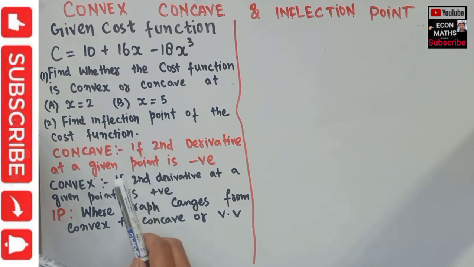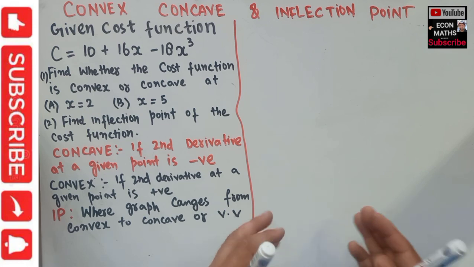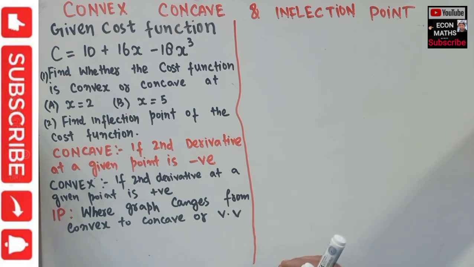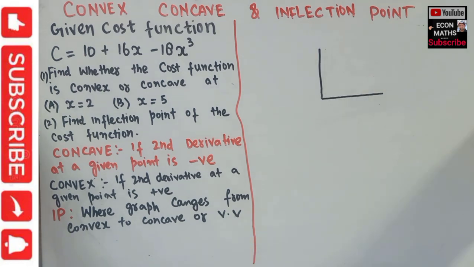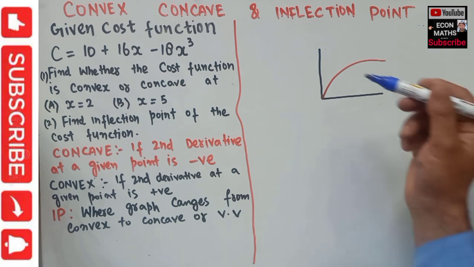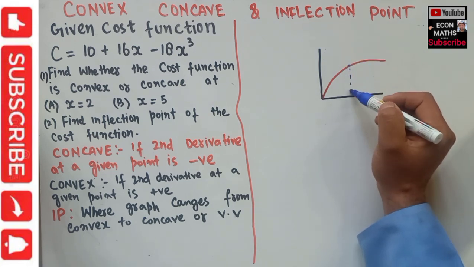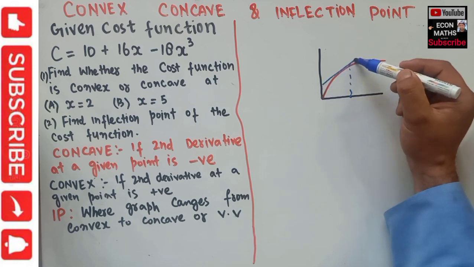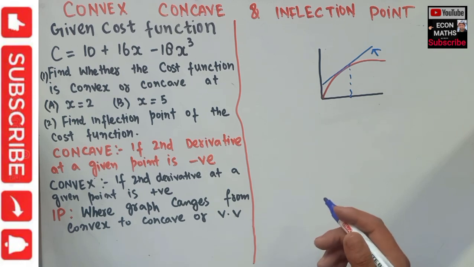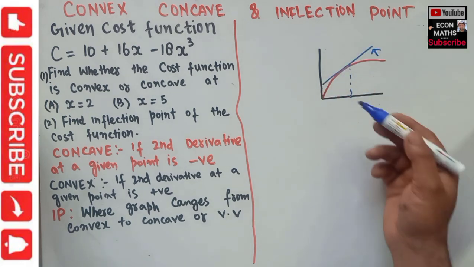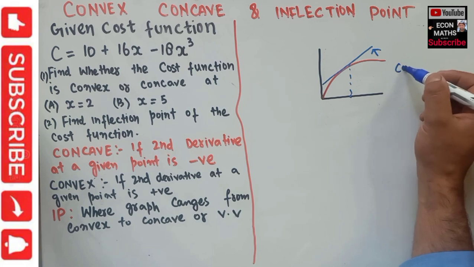If the second derivative of a given function is negative, then on the graph, if we draw a tangent to this kind of function at a given point, and this tangent line is above the curve, above the cost function here, we say this function is concave.